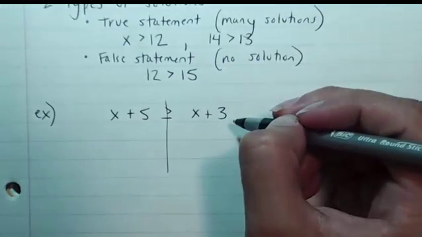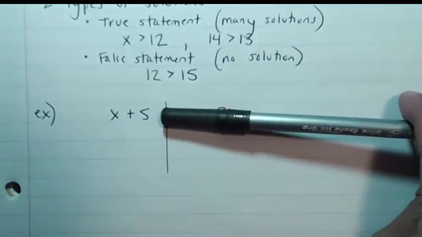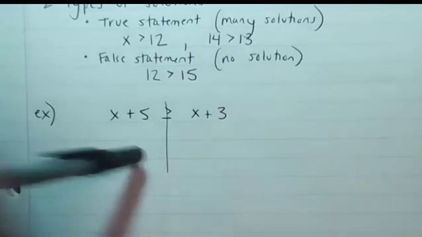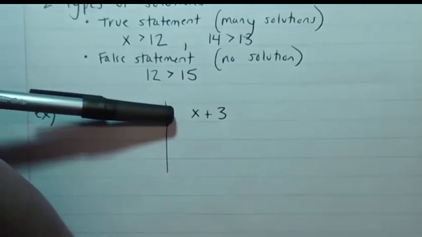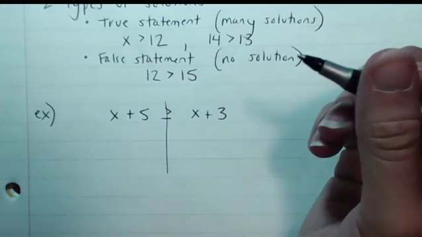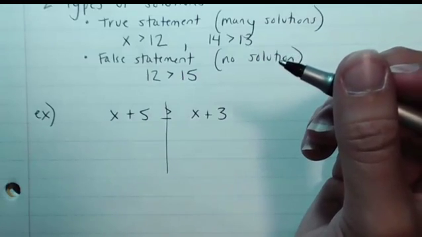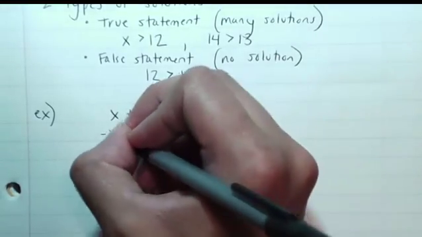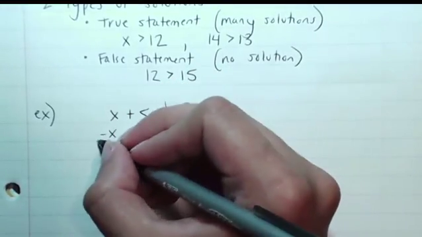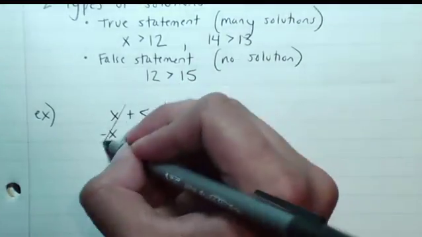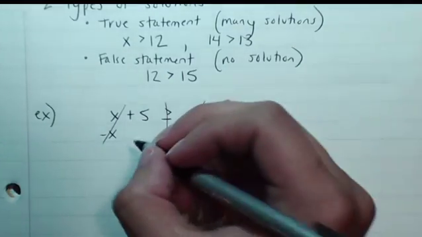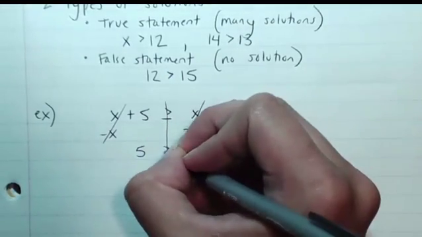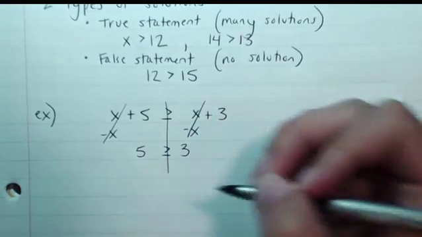No distributive property. Can I combine anything on the left? Can I combine anything on the right? No and no. So now I move my variables to one side. So let's say, take away this x, minus x, minus x. Well, x minus x ends up being nothing. So I'm left over with 5 is greater than or equal to 3.